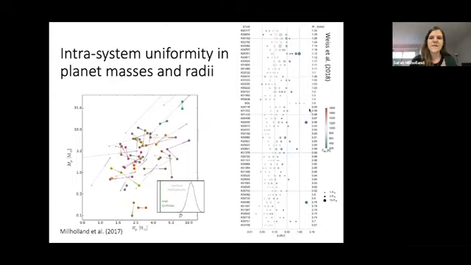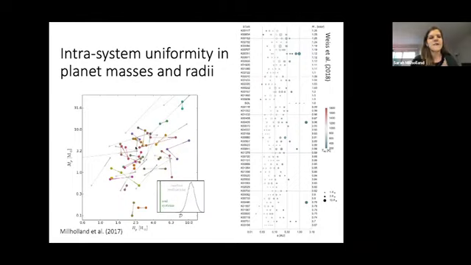So this is easy to see with the radii on the right, that if you scan your eyes down through various Kepler systems, you can see that the radii in a given system tend to be much more similar to their neighbors than they would be if you were to just pull these randomly from the population. And in this depiction, you can also see the uniform orbital spacing pretty well as well.